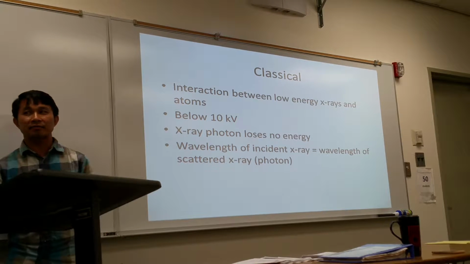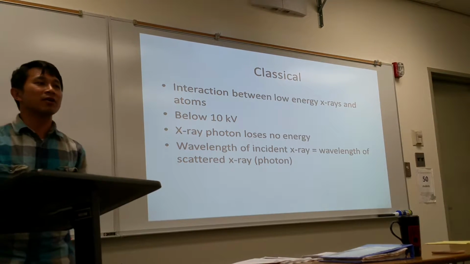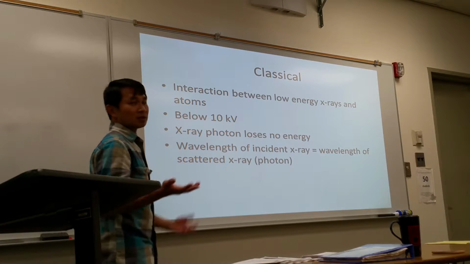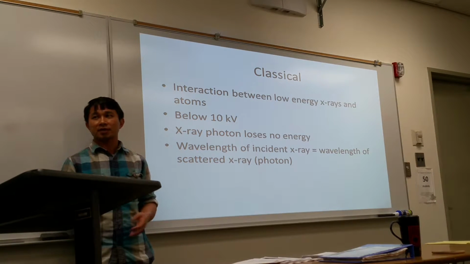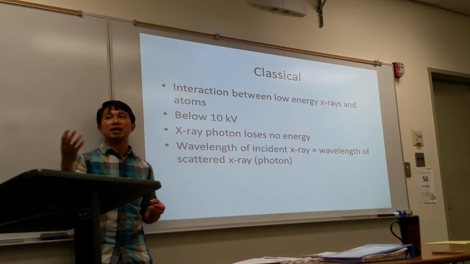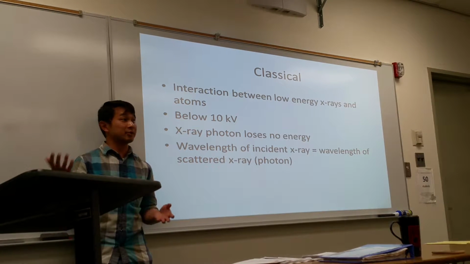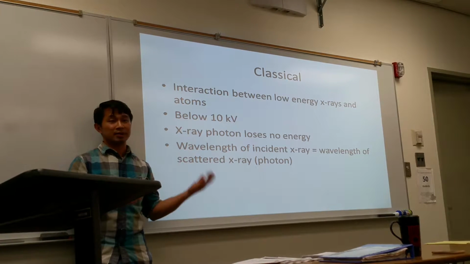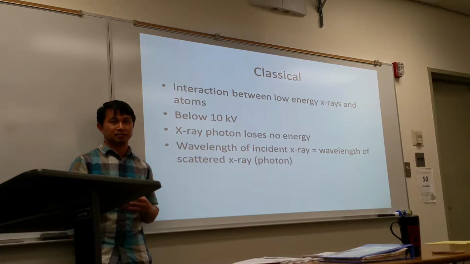With classical scatter radiation, there's really no energy loss between the original beam and the scatter radiation beam because of such a low energy level. The incoming photon has the same energy as the scatter radiation. Generally, scatter radiation is much weaker than the original beam, but in this case, because the beam is so weak, it just produces scatter radiation with the same energy level.